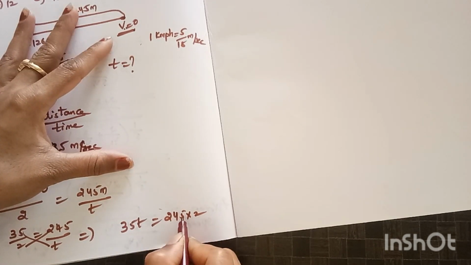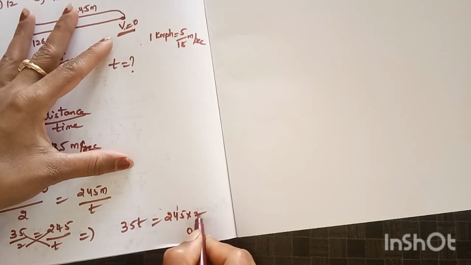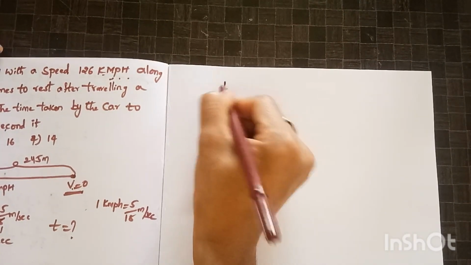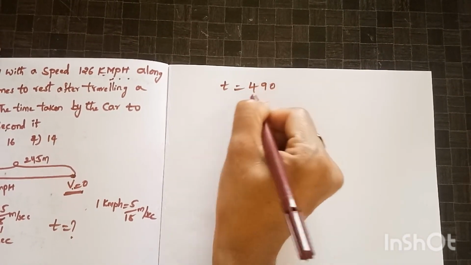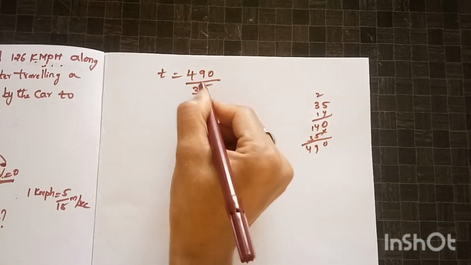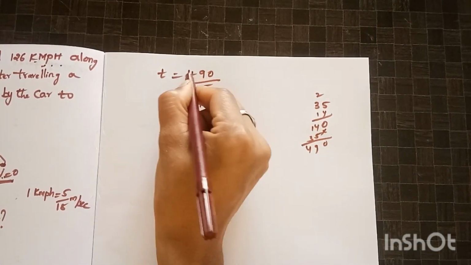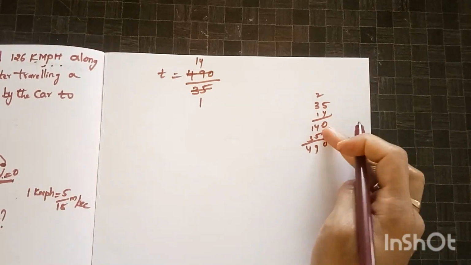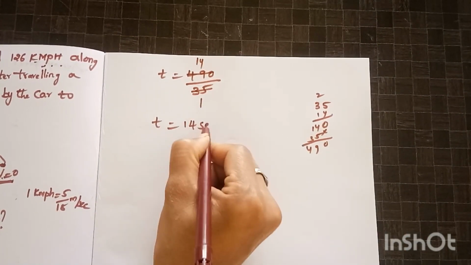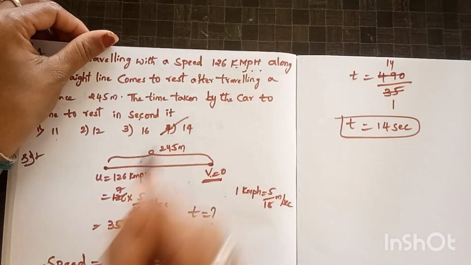What will you get here? 5 2's are 10, 4 2's are 8, 9 2's are 490. 35t is equal to 490. t equals 490 by 35. So 35 14s are 490. So t equals 14 seconds. So the answer here is 14 seconds.